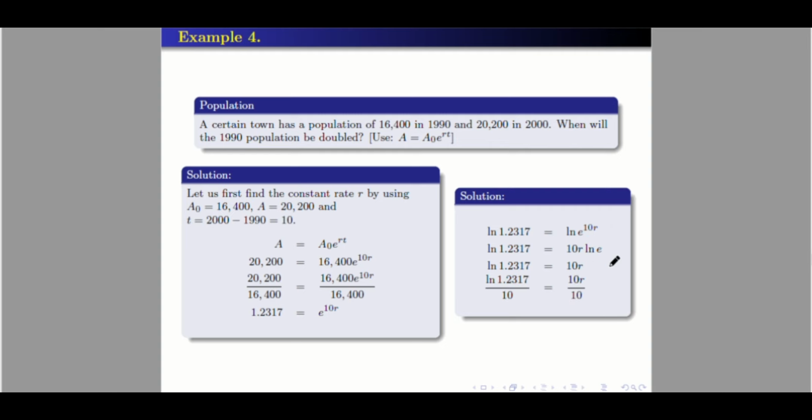So we divide both sides by 10 so that we're left with r. Input this on your calculator, ln 1.2317 over 10. Round off your answer to 4 decimal places, so we have 0.0208.